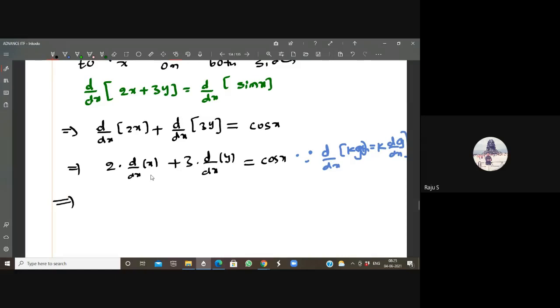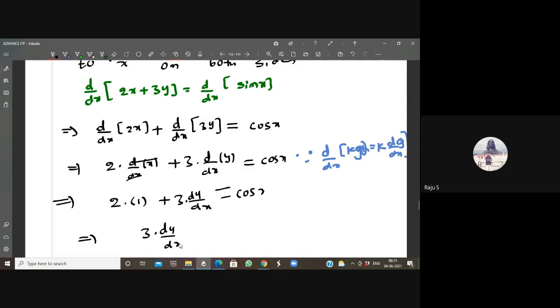Which implies that here 2 into dx gets cancelled. d by dx of x, the derivative, clearly we know is 1, plus 3 into dy by dx is equal to cos x. But we want only dy by dx.